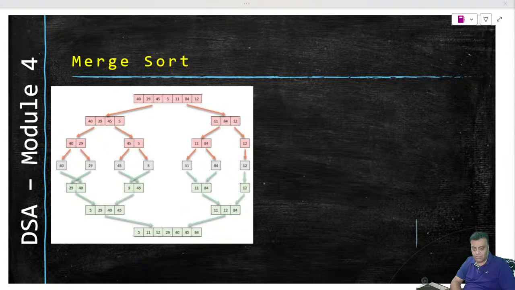So coming back to merge sort now. So merge sort is also something that is divide and conquer. As I said, all the three sorts are divide and conquer. So this is also going to be divide and conquer. And in merge sort, what we will do is we will keep on dividing. Again, we will divide. So first step is divide and second step is conquer.